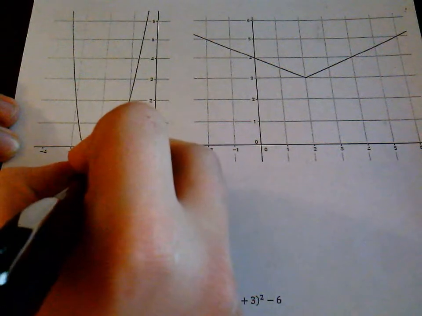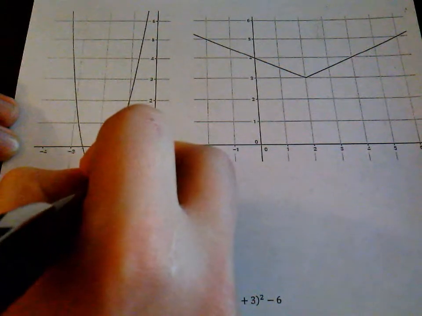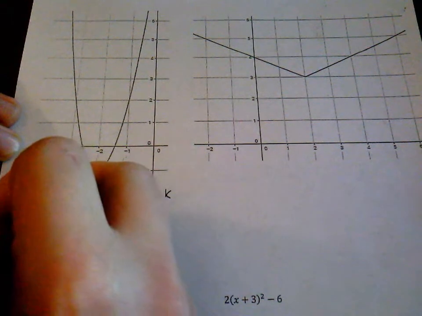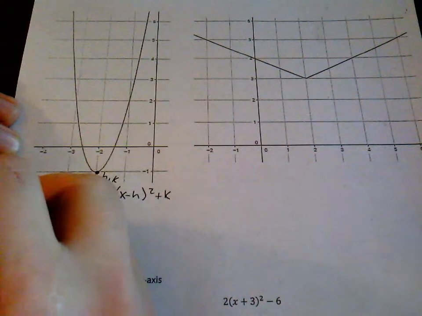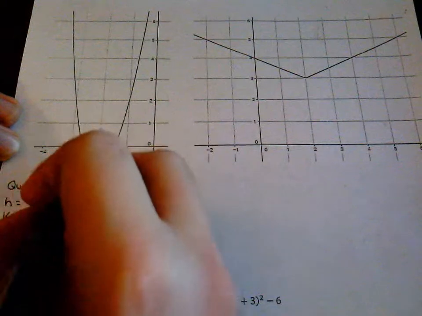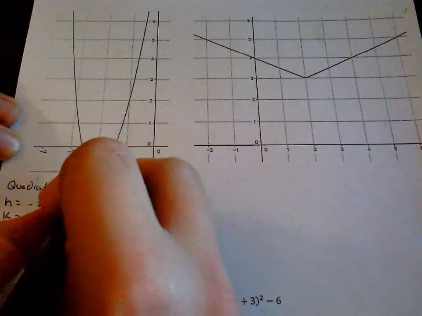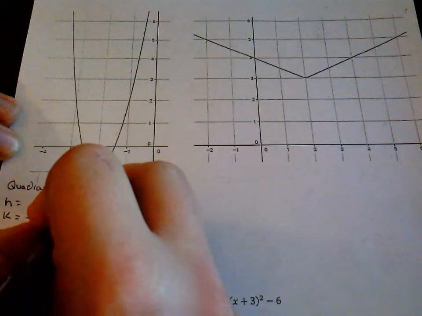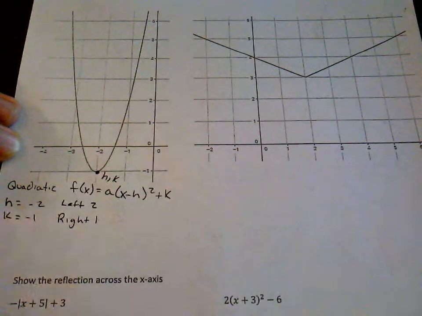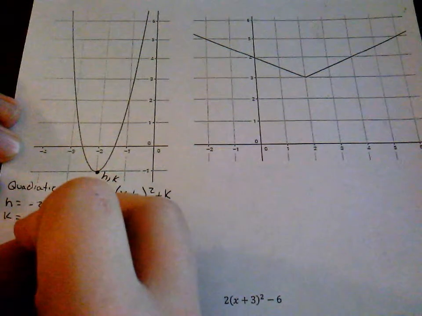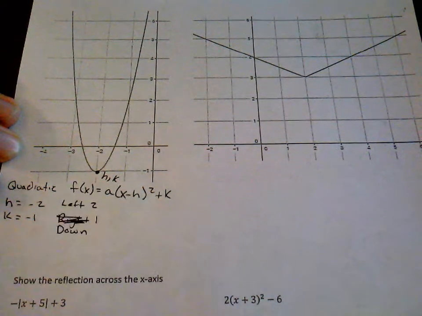We know that h equals -2 and k equals -1, so this is going to be left 2, right 1, not right 1, sorry, down 1.